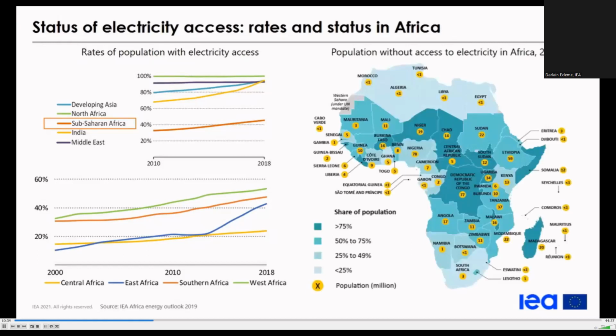And on this map, you can see country by country the number of people deprived of electricity and the rate of population with the different blue colors you can see.